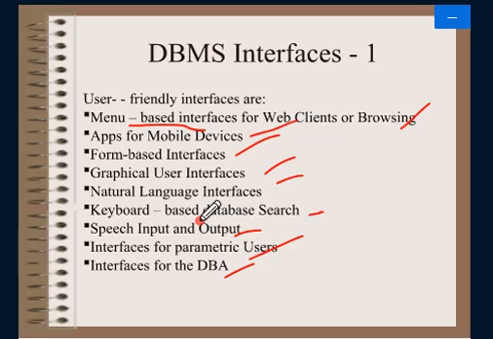Banking interfaces are like this. First, when we type the URL, it will show the login button. When we click the login button, it will take us to another web page, like this.